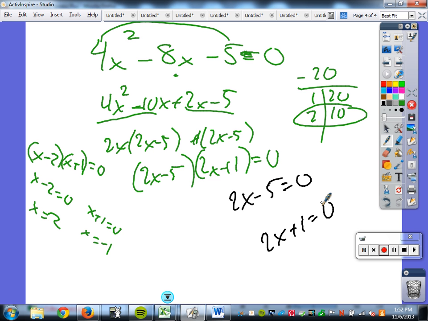You're still going to factor. That's not new. The new part is solving. Remember how we found our x-intercept? We set it equal to 0. This is another way to find an x-intercept.